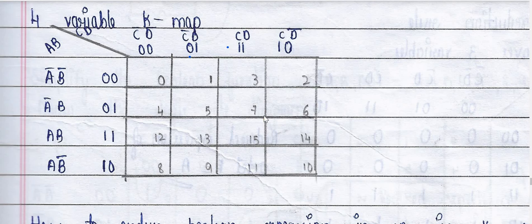Next 4, 5, 7, 6. Next 12, 13, 15, 14, then 8, 9, 11, 10. Either you can write it from the binary number or memorize these rows, and write them in all the K-maps like this.